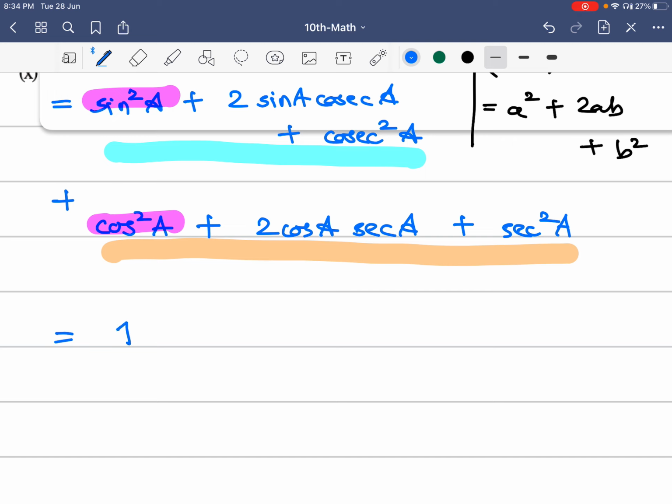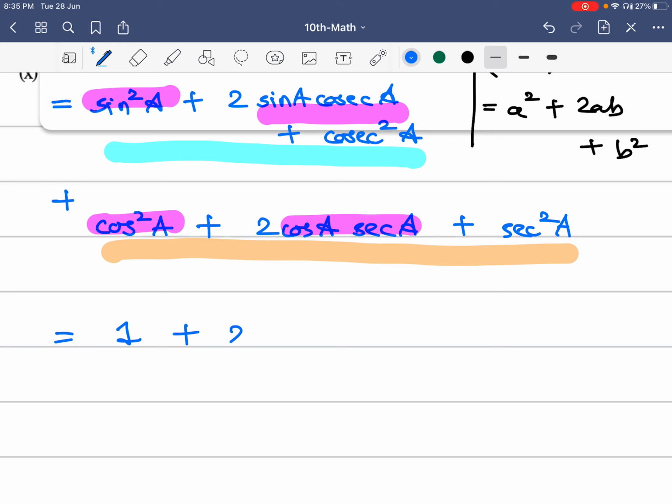So let's first make a note of that. That is equal to 1 plus, now if you look at this term, sin A into cosec A, that is equal to 1, because sin A is reciprocal of cosec A. Same goes with cos A and sec A, they are reciprocal of each other, so their product is going to be equal to 1.